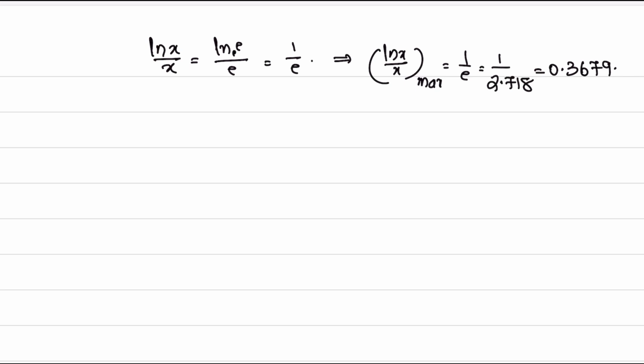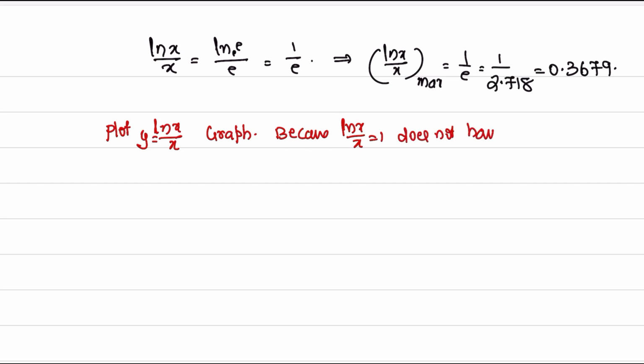Hence, we cannot plot the equality ln x by x is equal to 1 with real values, but we can only plot y is equal to ln x by x graph, because ln x by x is equal to 1 does not have a solution in real.